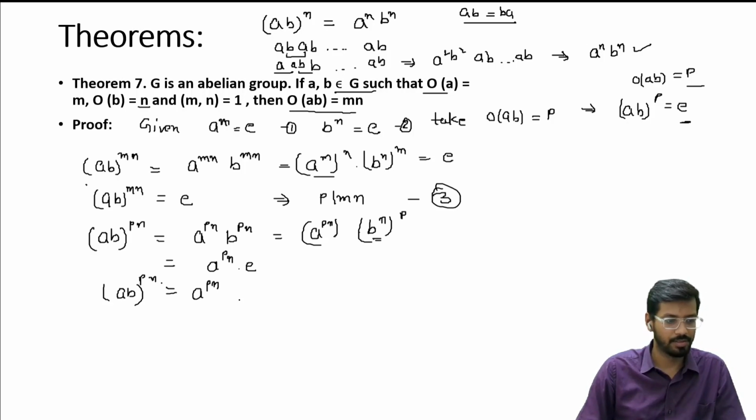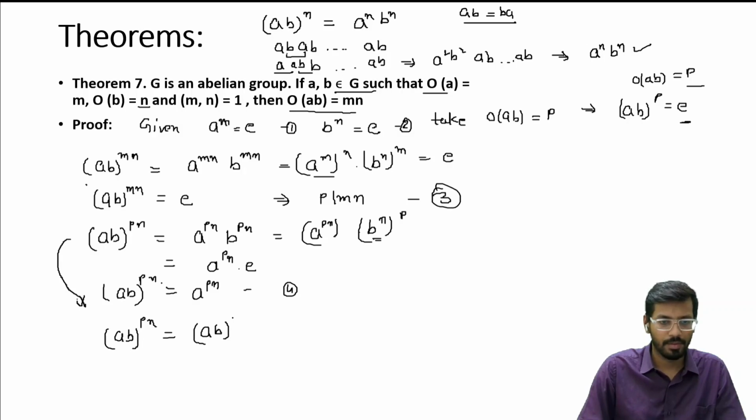So from this we can take ab, okay, so from this we can say, take it equation 4, or from this equation we can take (ab)^pn is equal to ((ab)^p)^n.